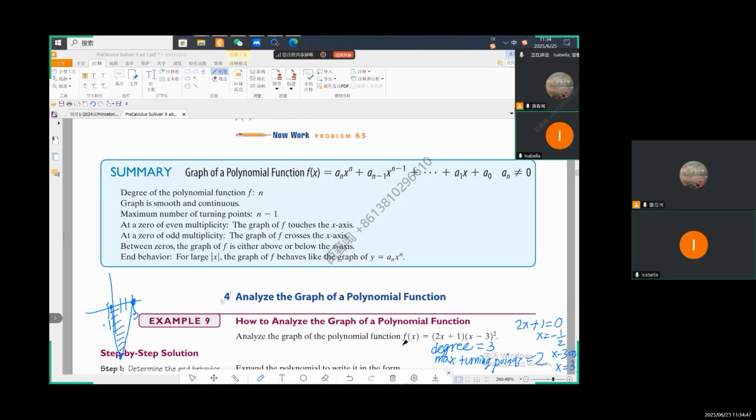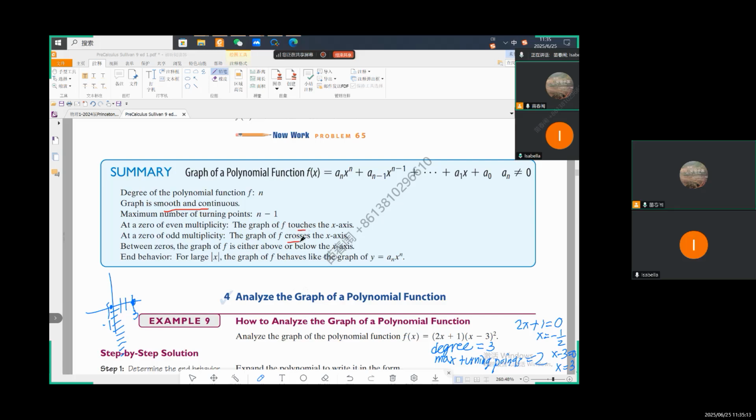It shouldn't be like this. I'm trying to think. So now it's the touches or crosses.